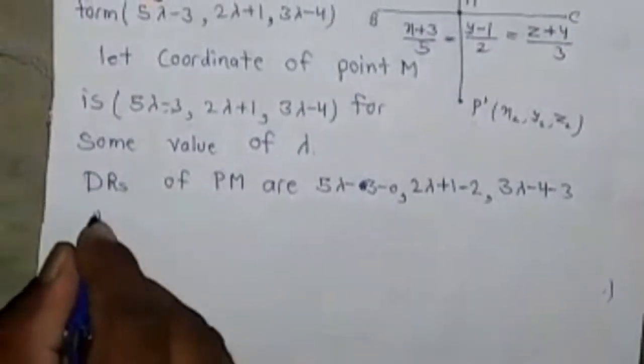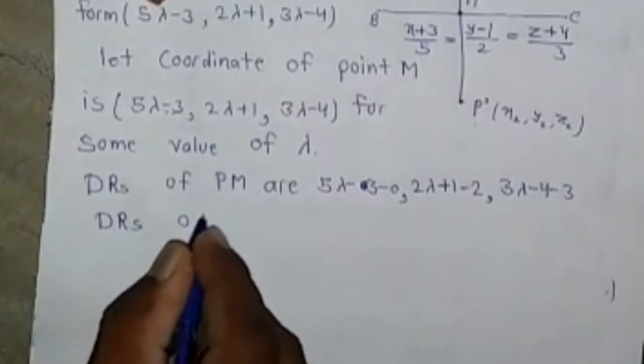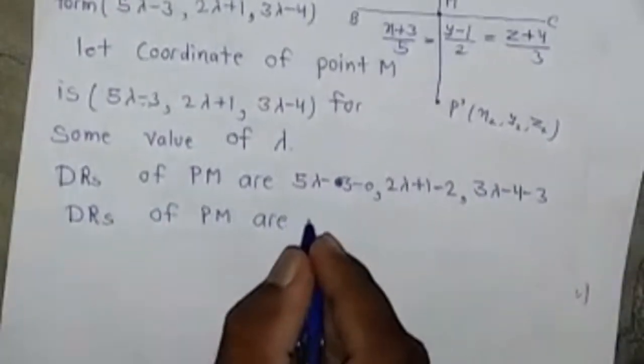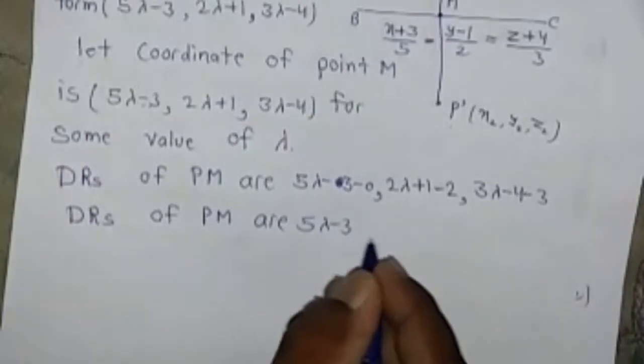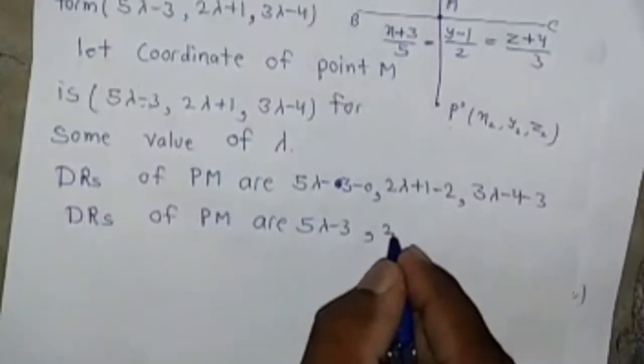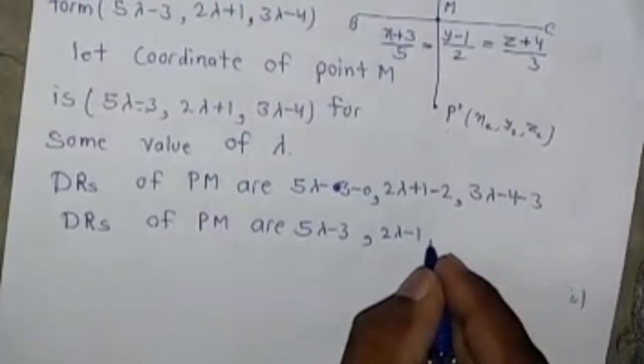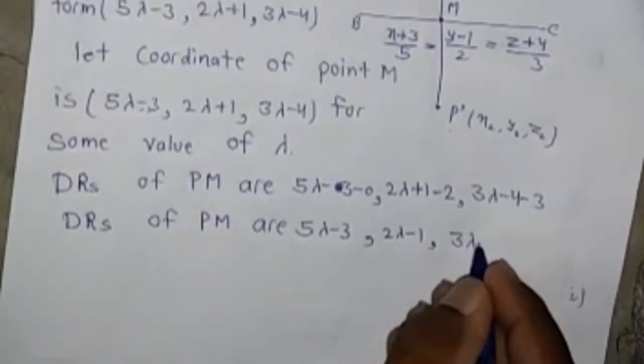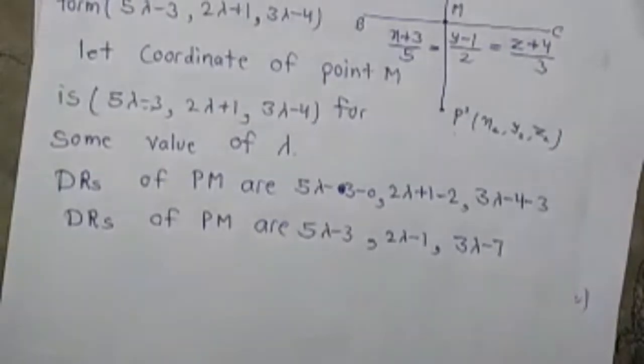Then direction ratio of PM are 5 lambda minus 3, 2 lambda minus 1, 3 lambda minus 7.